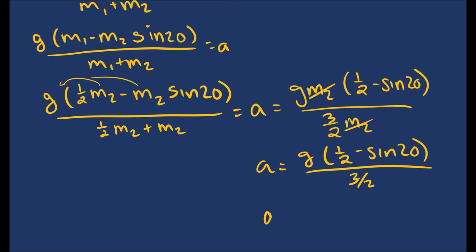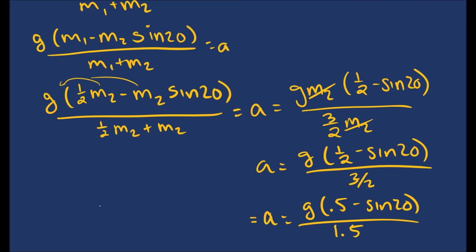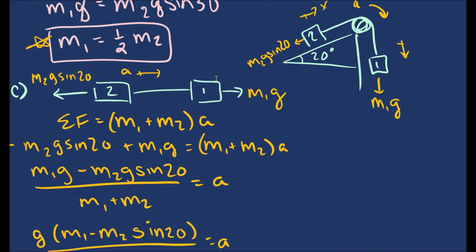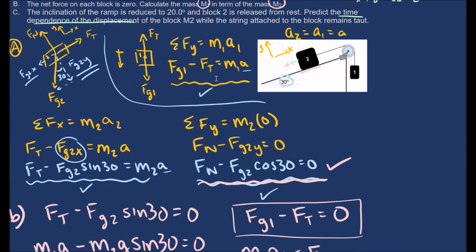We can rewrite this as A equals g times 0.5 minus sine 20, divided by 1.5. So that's what we plug into our calculator, and we end up getting A equals 0.10532 g.